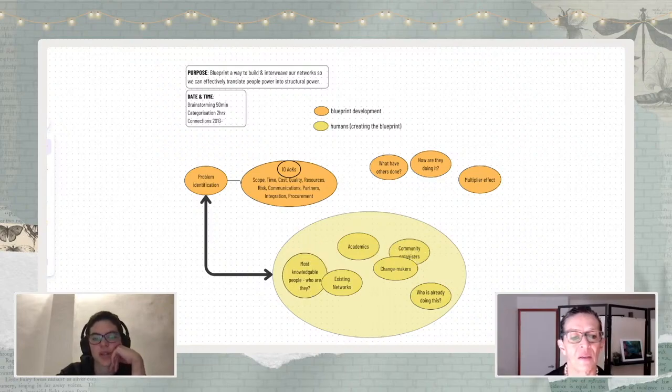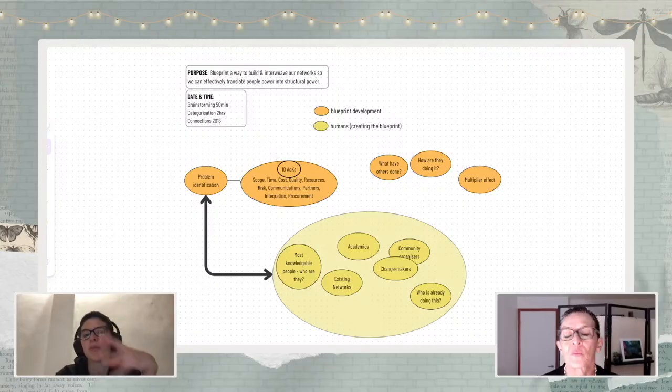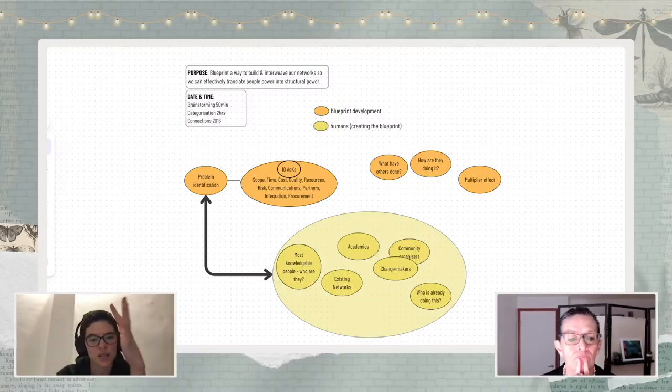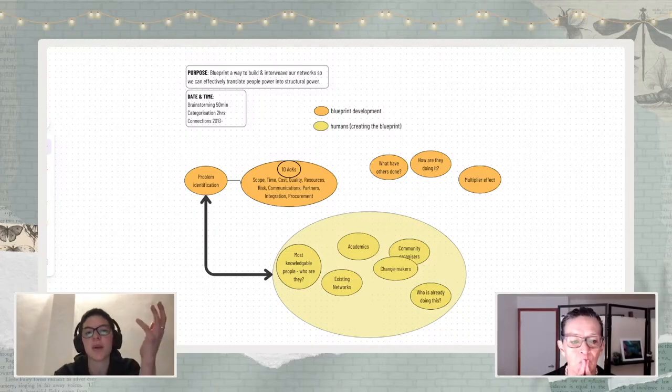And I think there is a bit of order here because, for example, when I talk about trying to figure out the sequence of how I'm going to work with these bubbles after. So when I think about most knowledgeable people, who are they? So maybe thinking about areas that we can identify, and then looking at our existing networks. I have some experience with community organizing and have connections in different parts of the world.